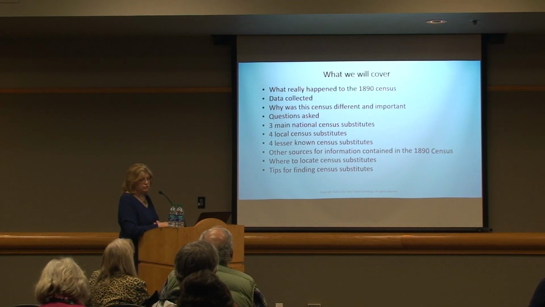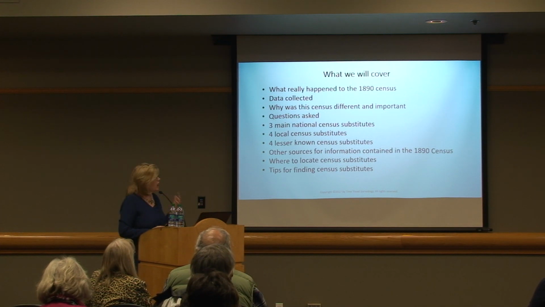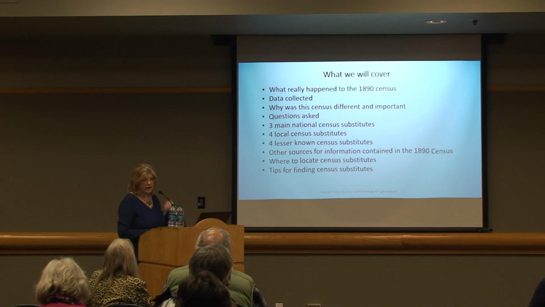Other sources for information for you to find out the information that would have been on the 1890 census. Where to locate those substitutes, and we'll end up with some tips on finding the substitutes. I want to gloss over the first 4 sections because I'd like to have the remainder of the talk be on the actual substitutes themselves.